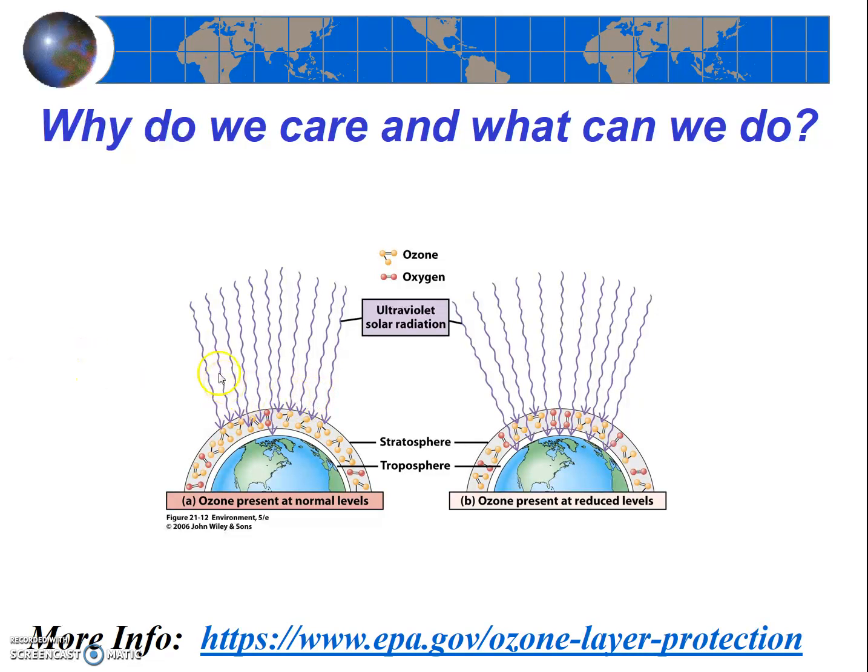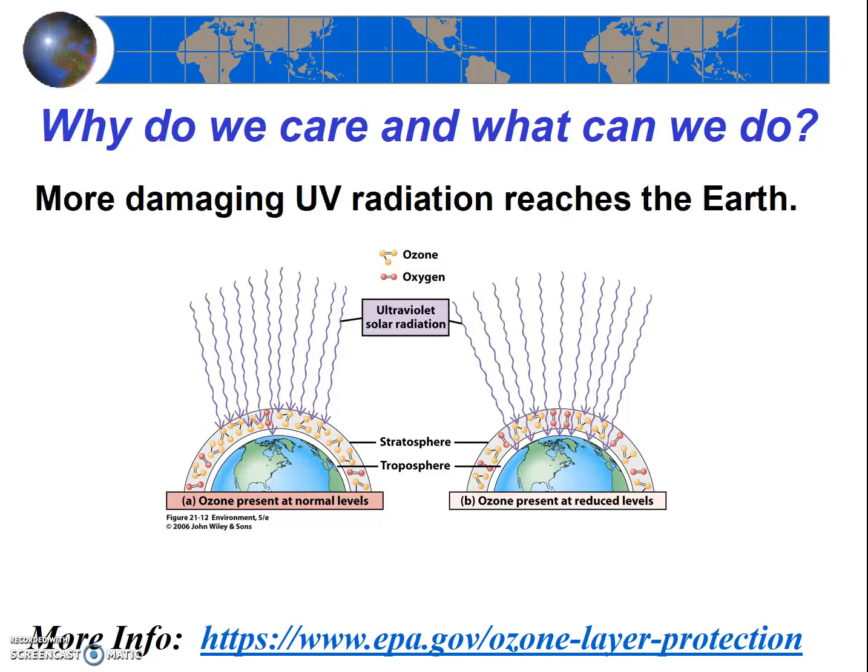Well, as stratospheric ozone is depleted, that means more harmful UV radiation penetrates the atmosphere and reaches the Earth. This extra UV radiation causes sunburns, skin cancers, cataracts, crop damage, and damage to natural ecosystems. For example, to photosynthetic bacteria, or to fish, amphibians, and trees, etc.